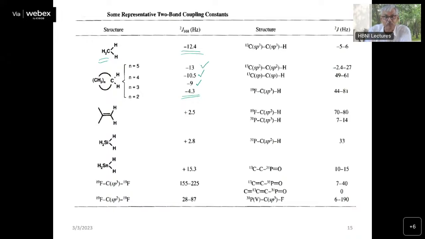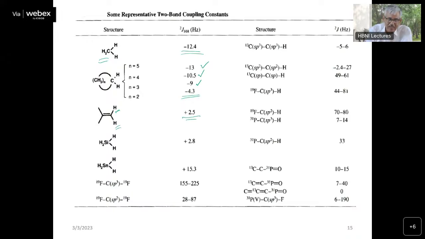So in case of cyclopropane there are two factors. One is that you have a different kind of bonding in the cyclopropane system, and also the bond angles are different. So the value has now become slightly positive.